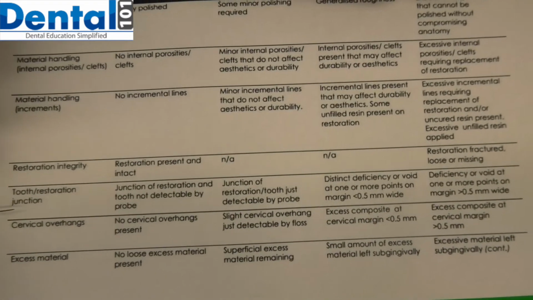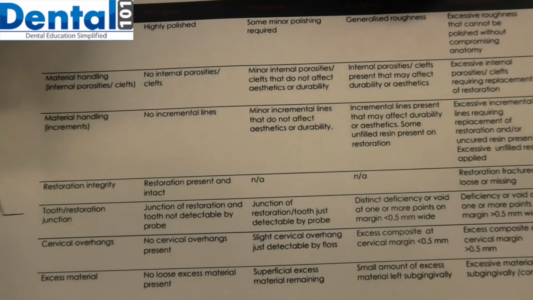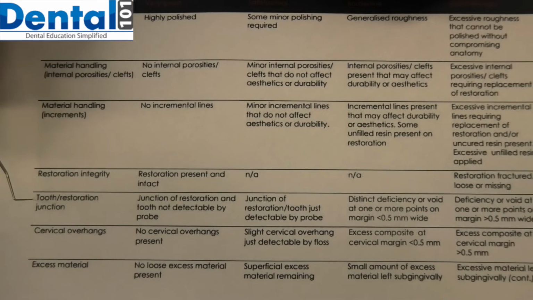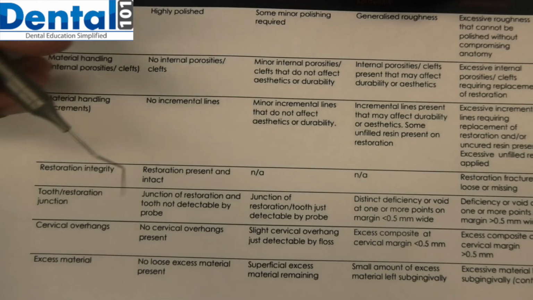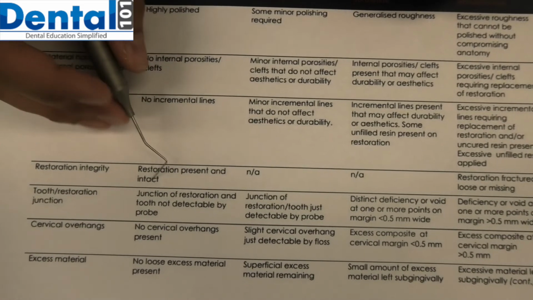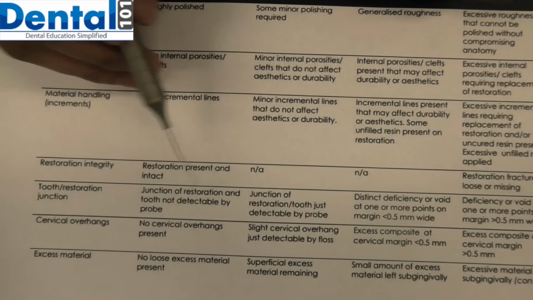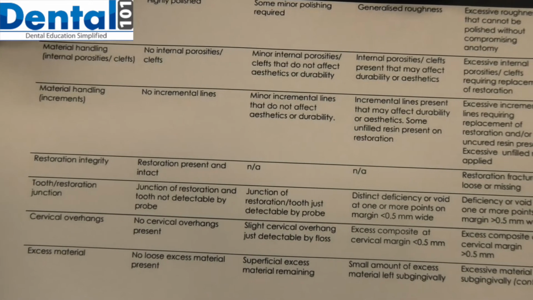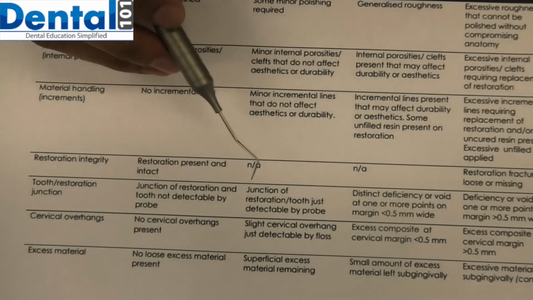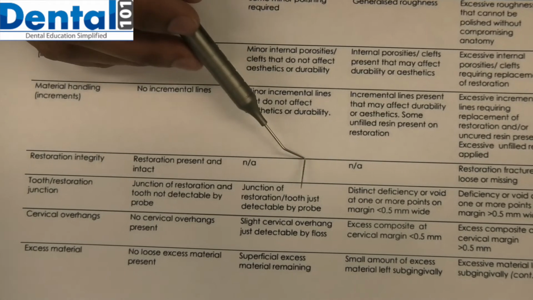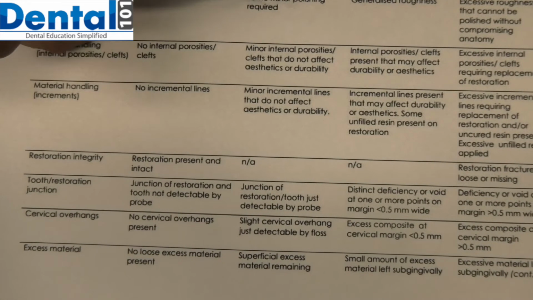Now the next rubric is tooth or restoration junction. For that, if your restoration and tooth junction is not detectable by probe, it is very good. If it is just detectable by probe, it comes under satisfactory.